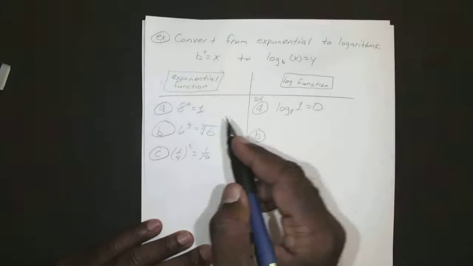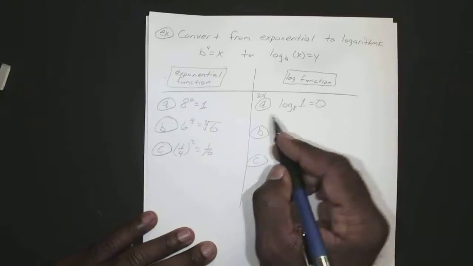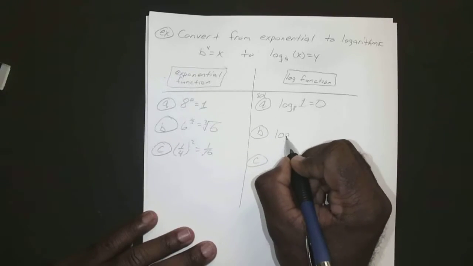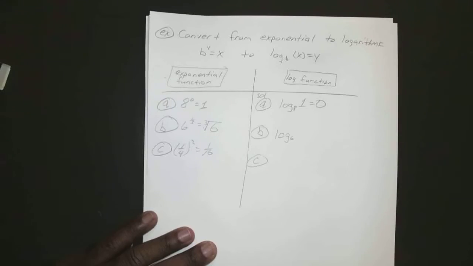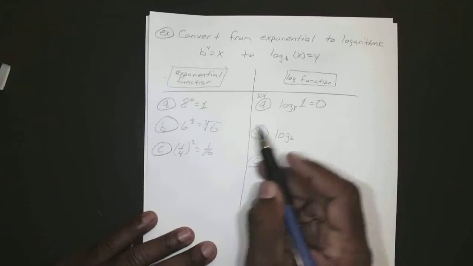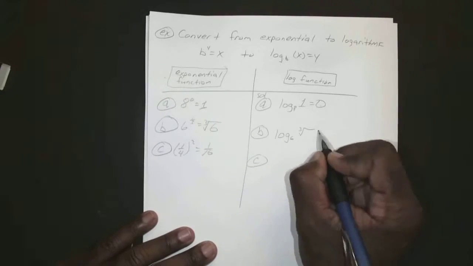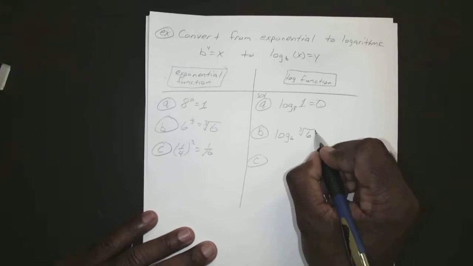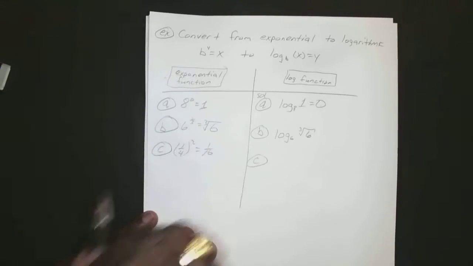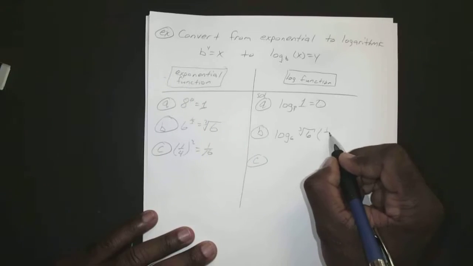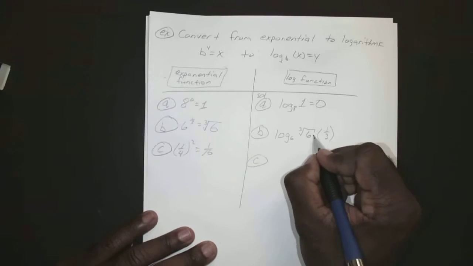For B, your base is equal to 6, your x is equal to cube root of 6, and your y is equal to 1/3.